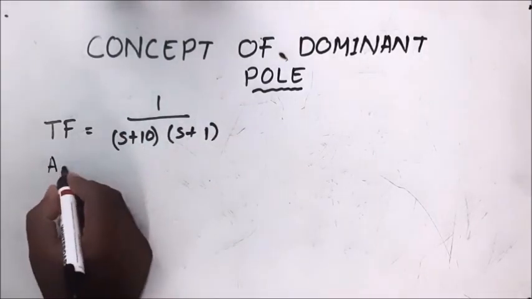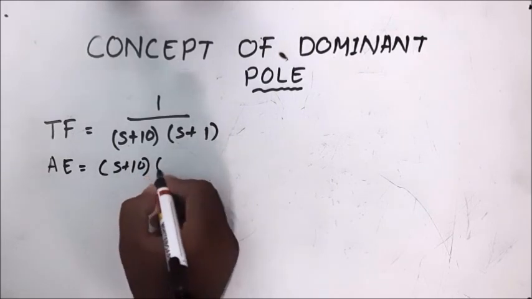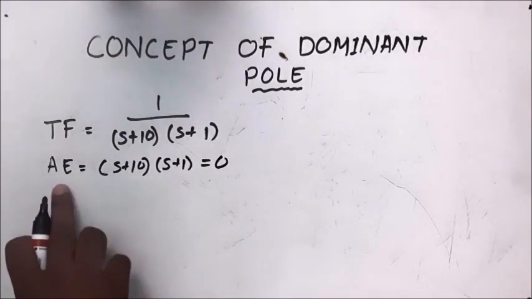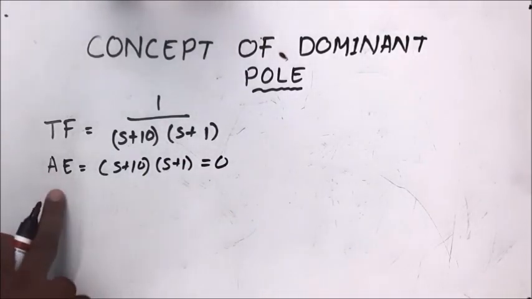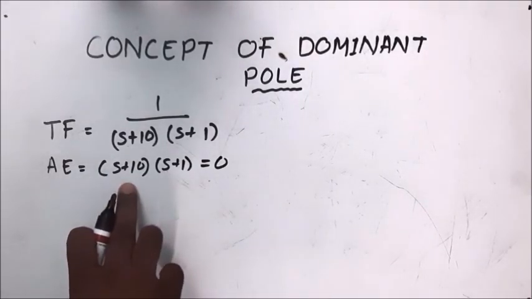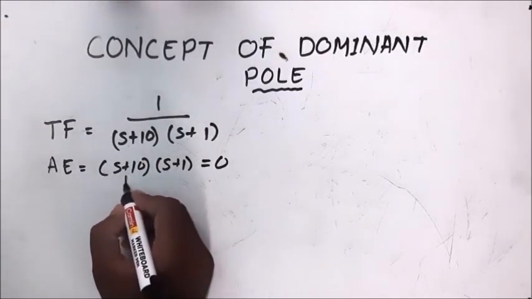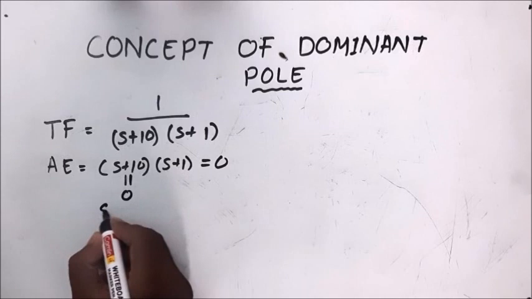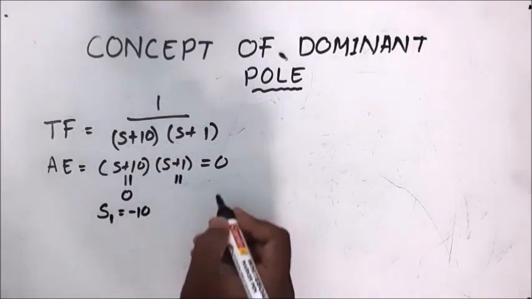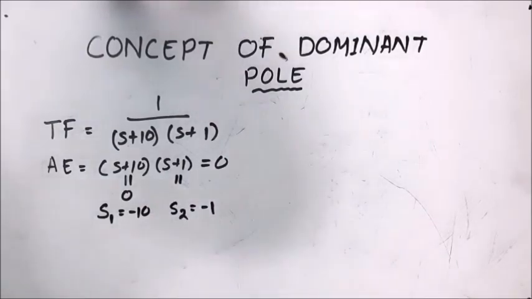So we can write the auxiliary equation as (s plus 10) into (s plus 1) equal to 0. The auxiliary equation becomes 0 if either factor is 0. If I equate the first to 0, I find s1 is equal to minus 10, and if I equate the second to 0, I find s2 is equal to minus 1.